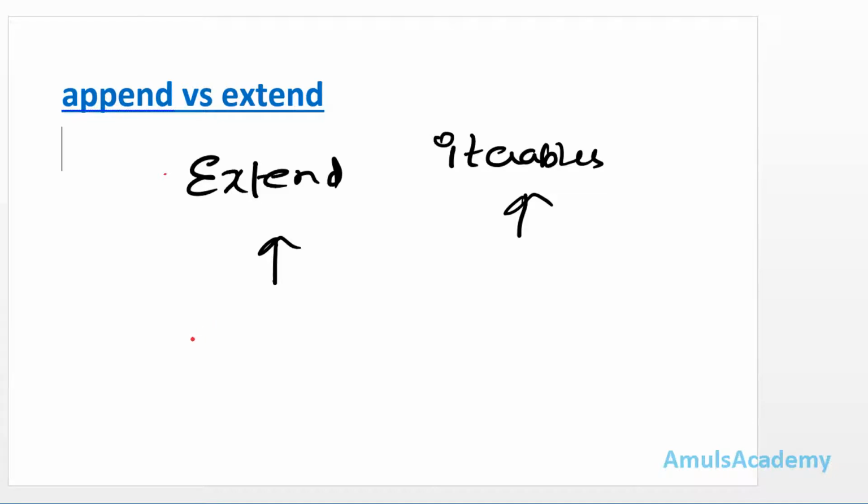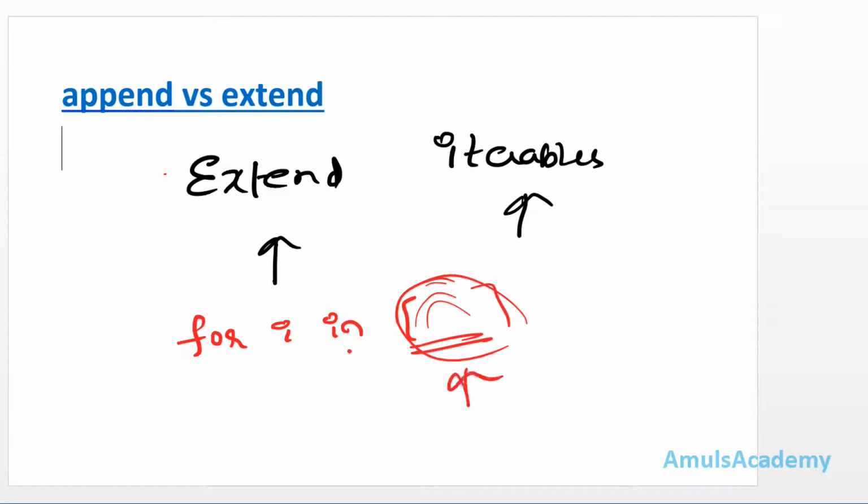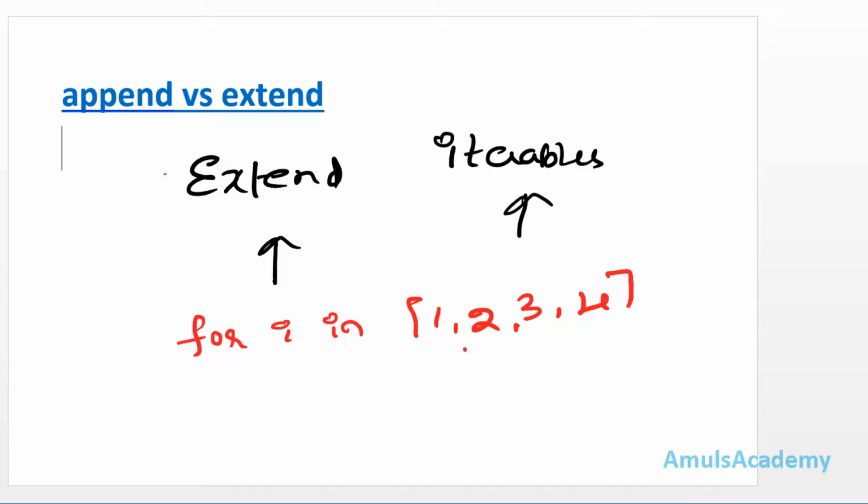For example, for i in, here we can take a list, or tuples, or strings. For example, 1, 2, 3, 4 is a list and this is called an iterable. A few examples of iterables are lists, tuples, and strings.